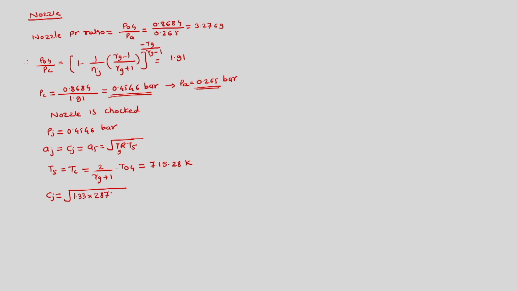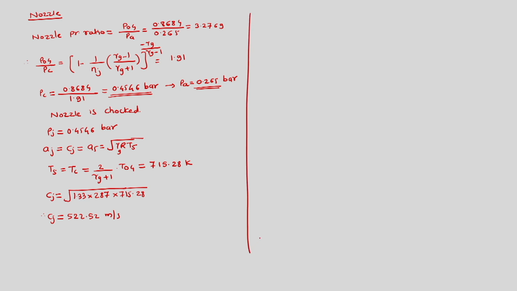So now we can calculate Cj as square root of 1.33 into 287 into 715.28. So the jet velocity at the exit is 522.52 meters per second.